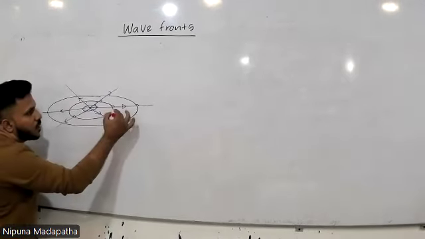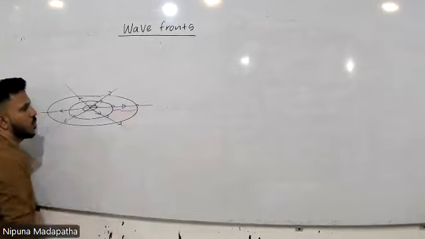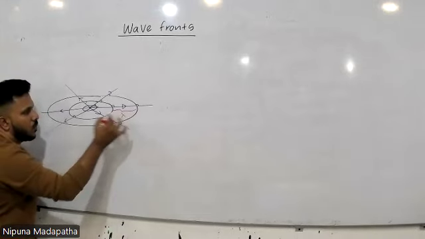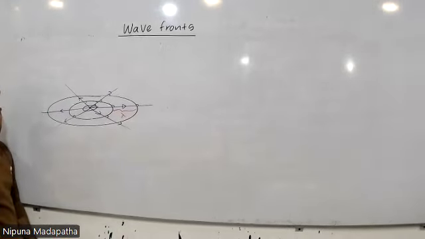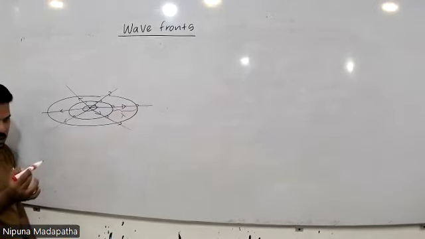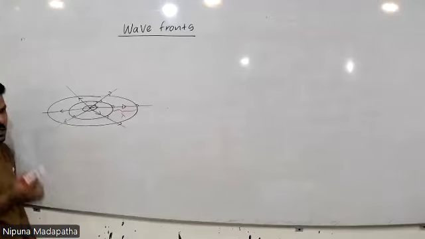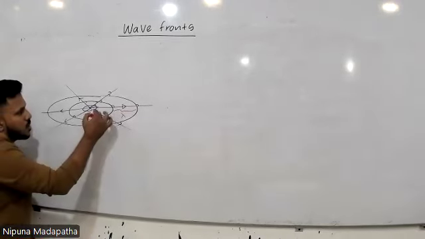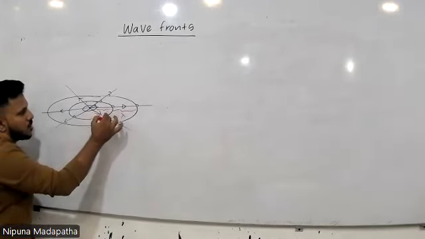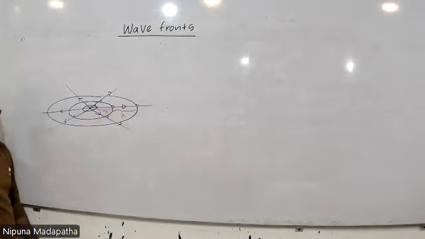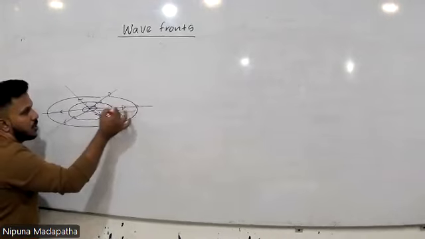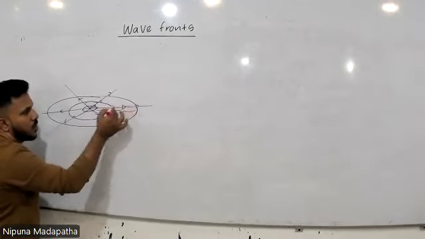The distance between two successive wavefronts must be equal to the wavelength of the wave. The distance between two adjacent wavefronts must be equal to lambda. So the distance between each of these wavefronts is lambda. So what would be the phase difference of particles in two adjacent wavefronts?